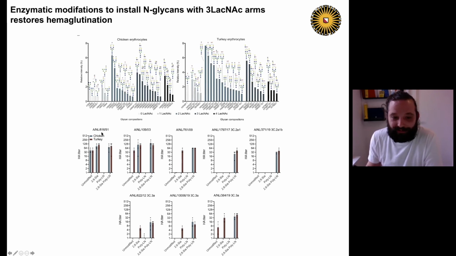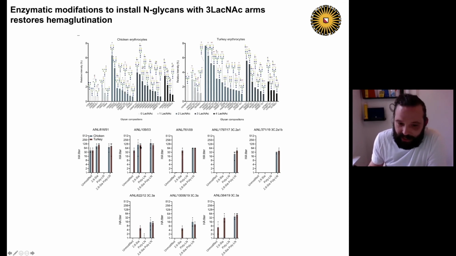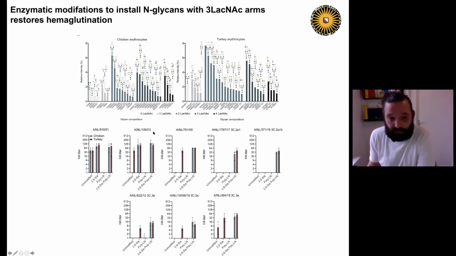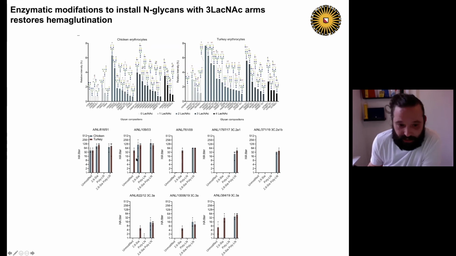For the 91 virus, we don't expect a big difference, because the wild-type virus can hemagglutinate unmodified erythrocytes. We see for the 2003 virus that it's not able to bind these unmodified erythrocytes from chicken, because we did it on both chicken and turkey erythrocytes. But if we resialylate with 2,6, we do see hemagglutination.